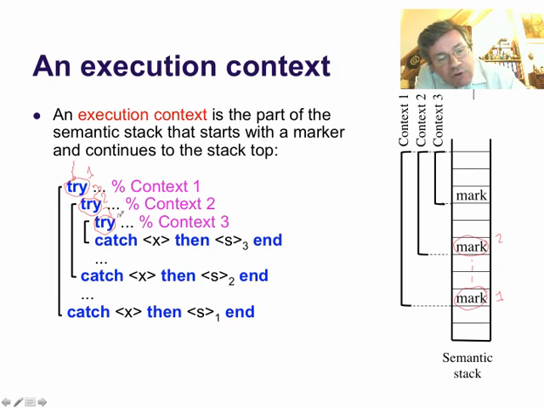Eventually I reach the third try instruction, and that will put a third mark. That means there are now three nested execution contexts: context 3, 2, and 1. Eventually context 3 finishes, it's removed. Context 2 eventually finishes and is removed, and context 1 eventually finishes and is removed. So everything goes away, unless there's an error, and in that case, one of these recovery instructions will execute instead.